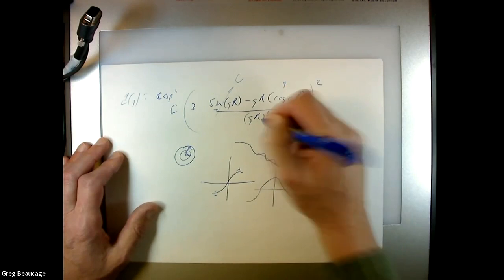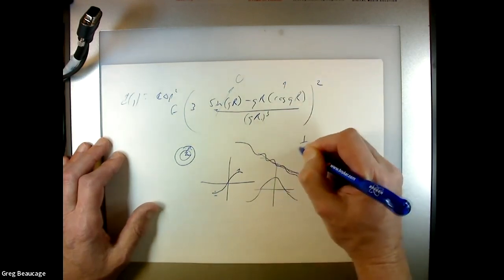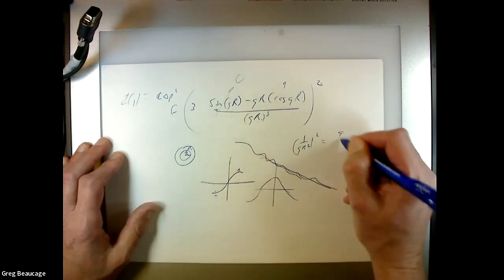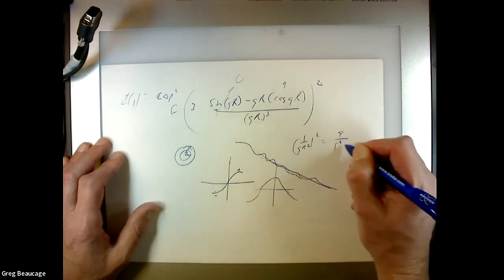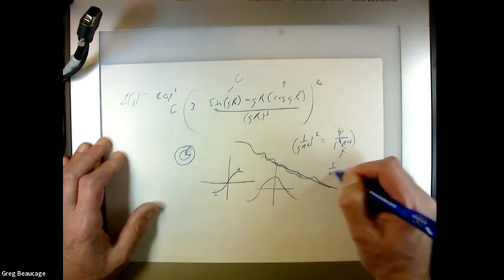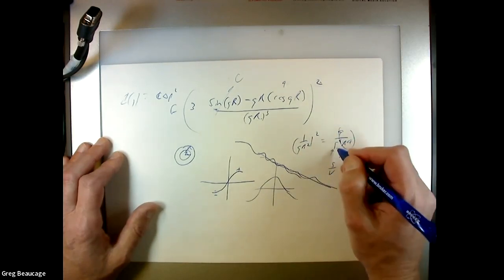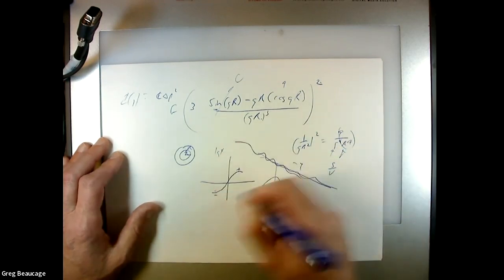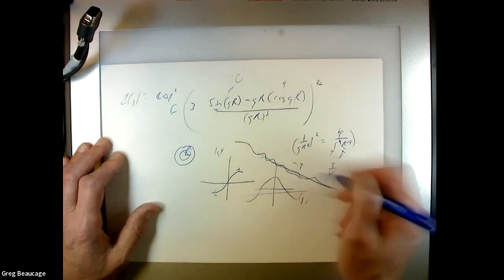Then you have QR over QR cubed. That's 1 over QR squared, and it's squared, so you get 9 over Q to the 4, R to the 4. So this is kind of the surface to volume ratio for Porod's law, Q to the minus 4. So log-log is like Q. So this function works for Porod's law.